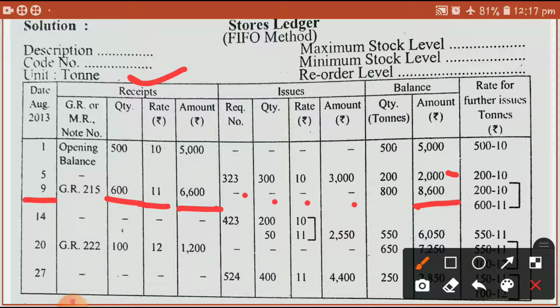Again, earlier on 5th we had 200 units and now we received 600 units, so the total on today's date is 800 units. And the total amount is 2000 of earlier plus 6600 of today's value.